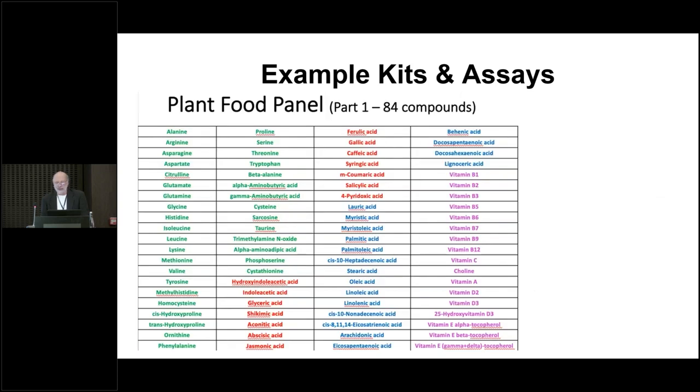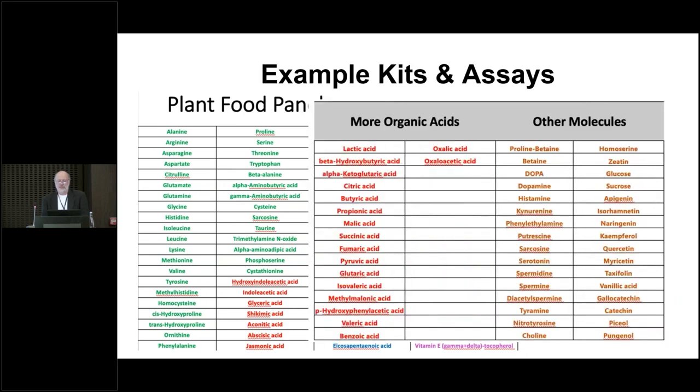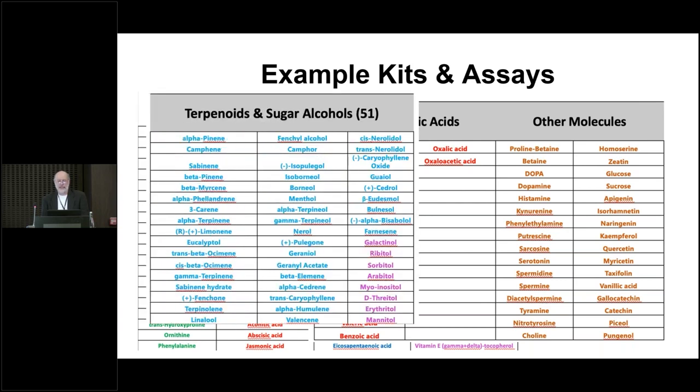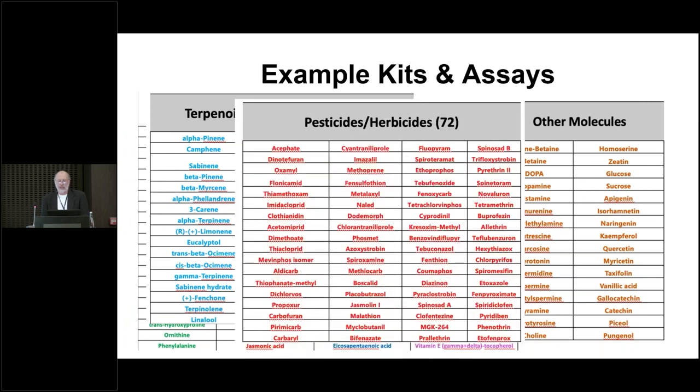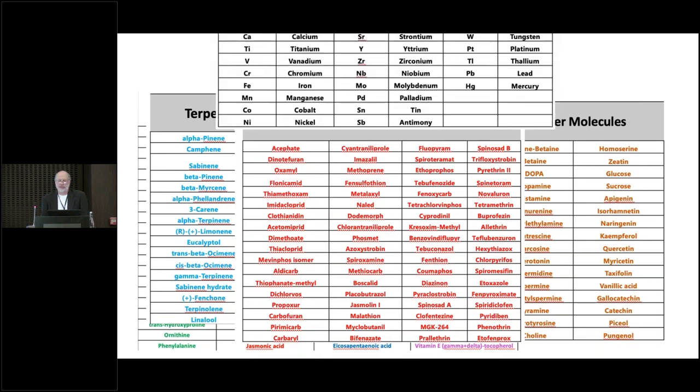Plant foods are a little different. Again, you'll often find the same set of amino acids, but there are different organic acids, still some fatty acids. Vitamins also tend to be more abundant. But because plants are different, there's quite a few more organic acids that we've added to the kits, other types of polyphenols and biogenic amines, a variety of terpenoids and sugar alcohols, and then contaminants, pesticides and herbicides that can be picked up in plant samples.